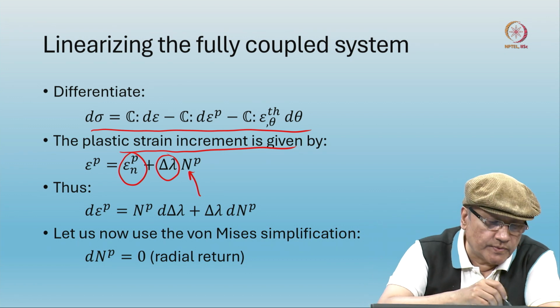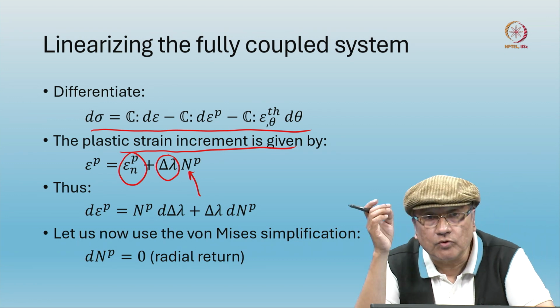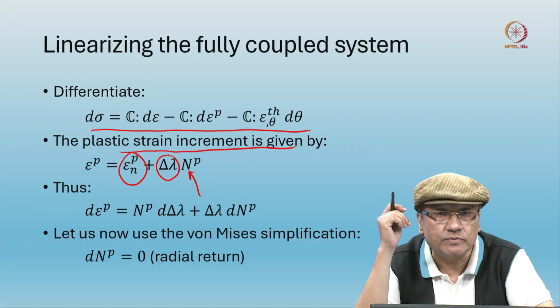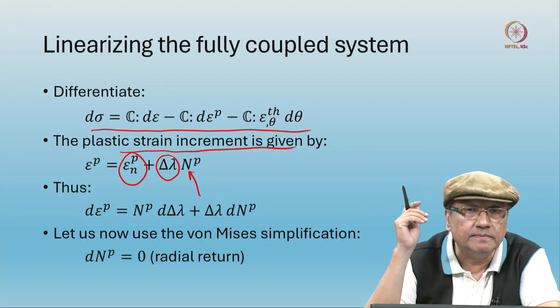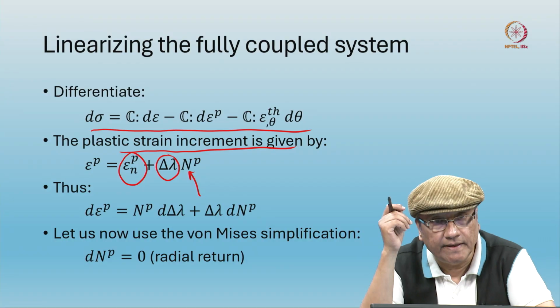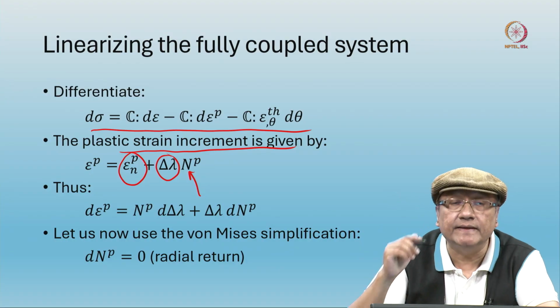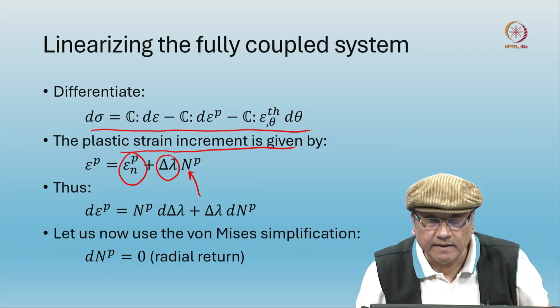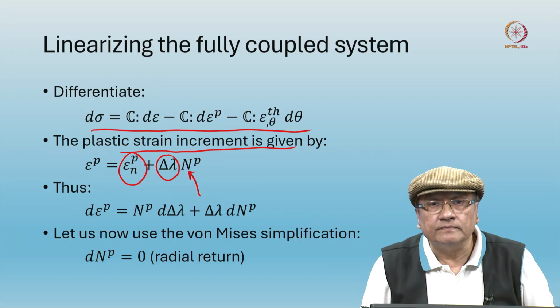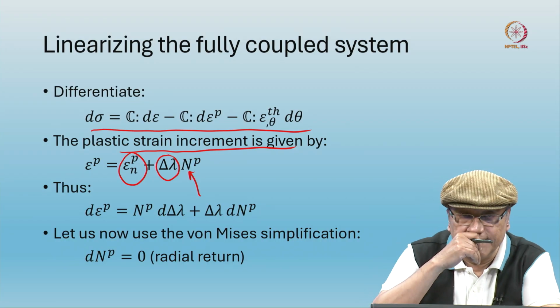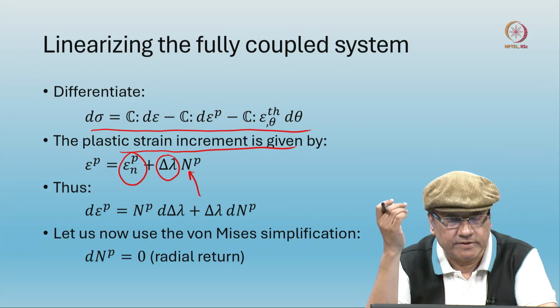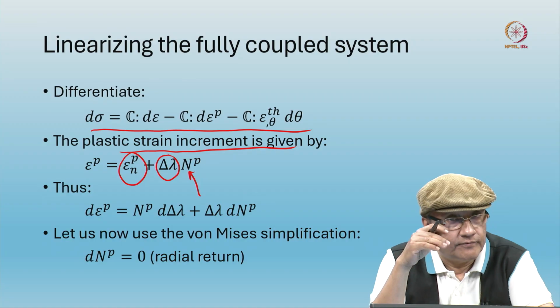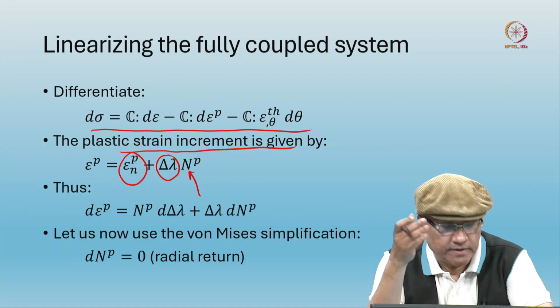So, epsilon p at any forward time including Tn plus 1 is the last available epsilon p at Tn plus delta lambda times Np. Delta lambda is a scalar, Np is a second order tensor, a deviatoric second order tensor. For metals it is deviatoric, while for other cases it need not be deviatoric.